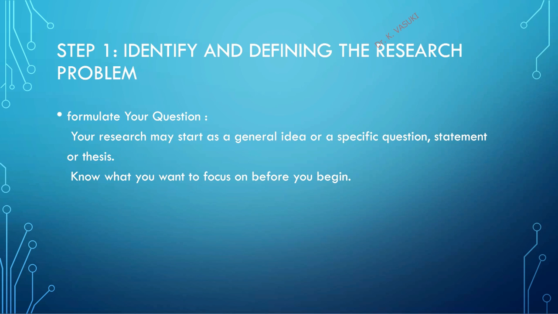So the first step is identifying and defining the research problem. Simply we can say that a research problem is a topic. Selection of a research problem involves selecting a broad area, and we have to narrow it.